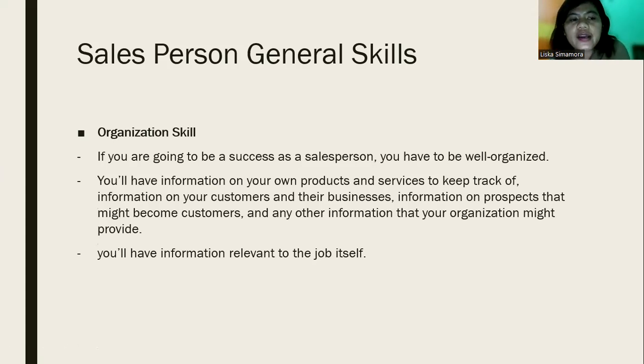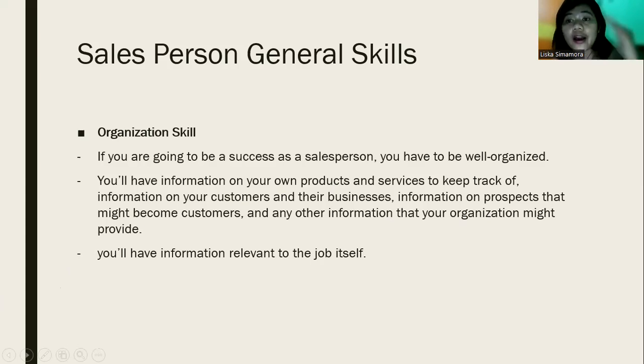Now is organization skill. If you are going to be a salesperson, you have to be well organized. Why? Because as a salesperson, you'll have information on your own products and services to keep track of, information on your customers and their business, information on prospects that might become customers, and any other information that your organization might provide.